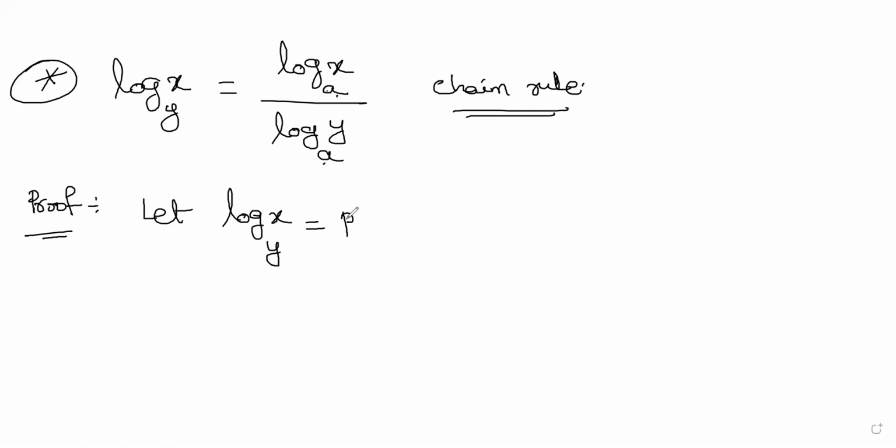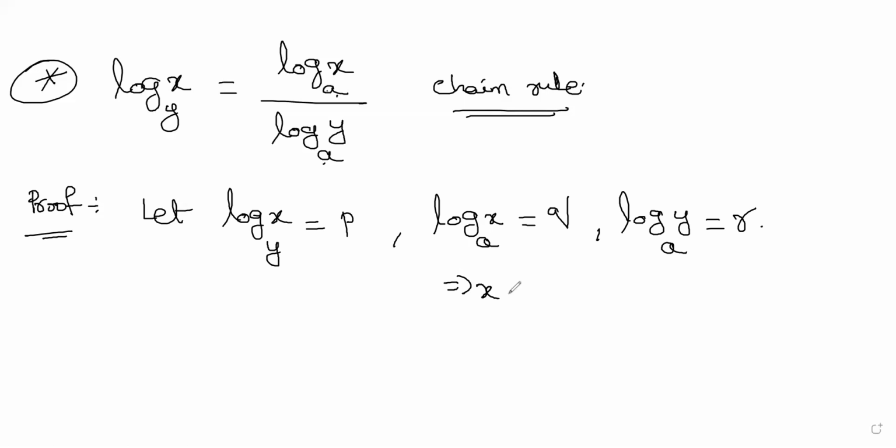Now log x to the base y is equal to p, and log x to the base a is equal to q, and log y to the base a is equal to some r. Like this we will start. So this becomes x is equal to a power q and y is equal to a power r. Like this we have.